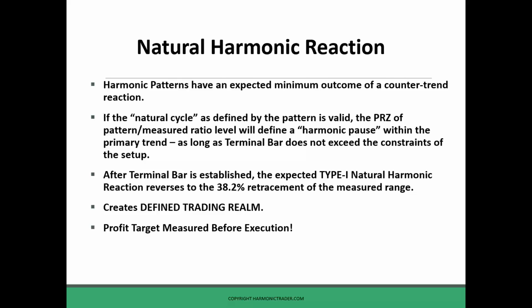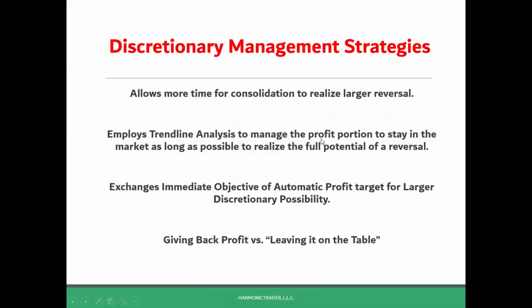Again, remember the defined trading realm, because it's all within the price ranges that we're narrowing down within the PRZ. Also, the profit target helps us really validate how to think about risk reward. How much do we need to risk? Now, the discretionary management strategies are more for the type 2 that we'll get into, type 2 strategies.